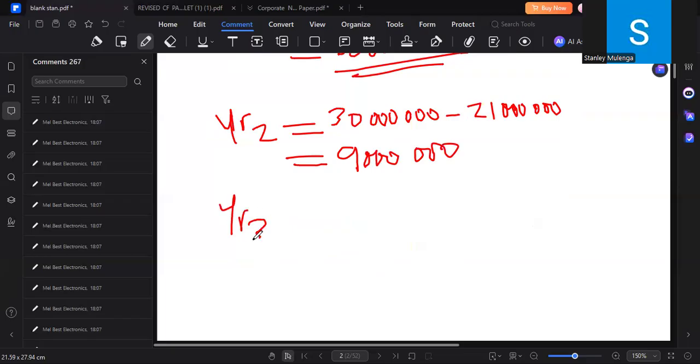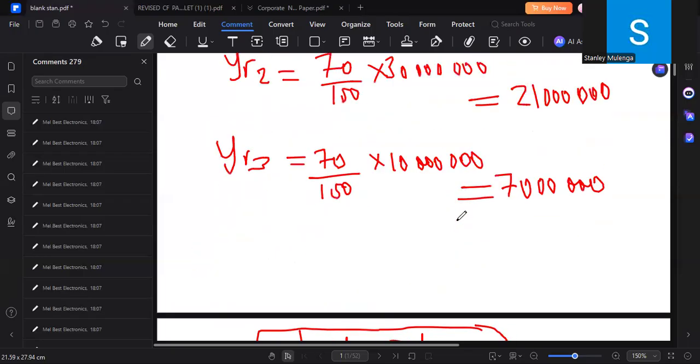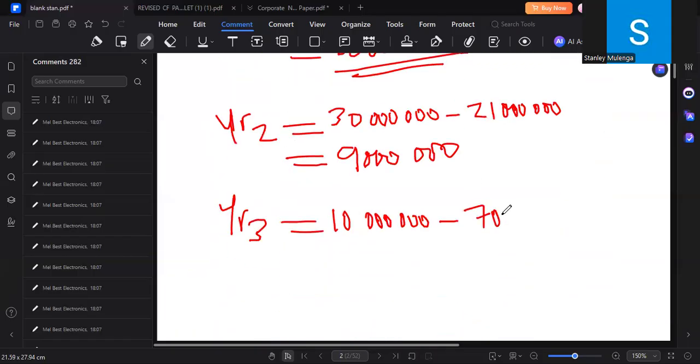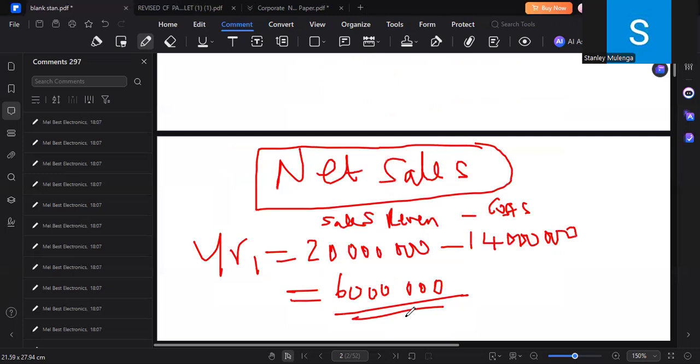Year 3 will be 10 million minus 7 million cost. So this one is giving us the 3 million. So I'm sure you have understood what we are doing here to get the net sales.